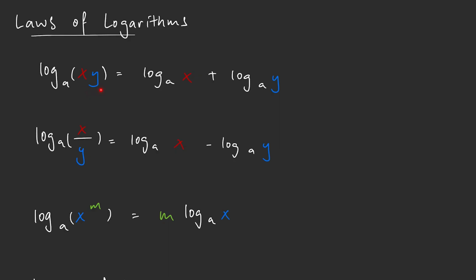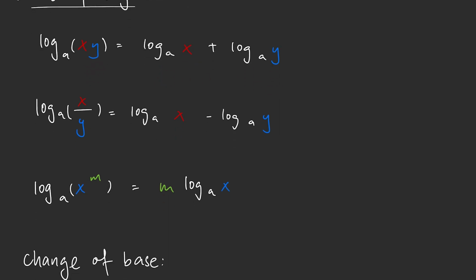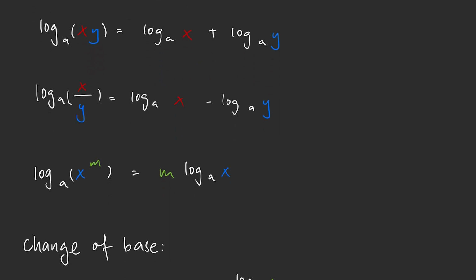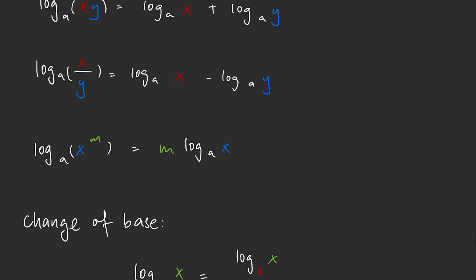So if you expand this product, you get a sum. And the same happens with dividing, but instead we make it subtraction. If you have log base a of x divided by y, it becomes log base a of x minus log base a of y.